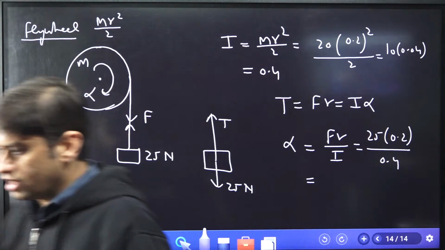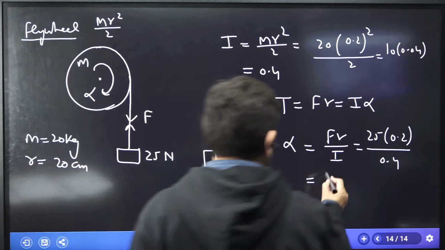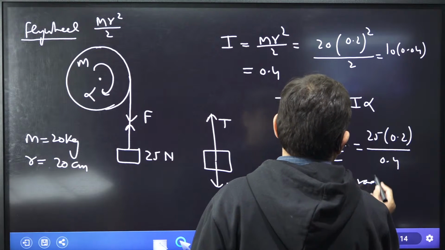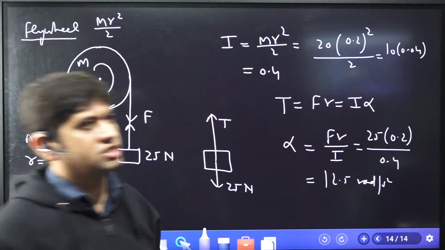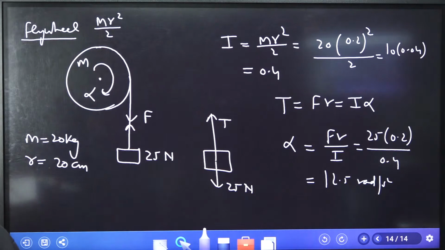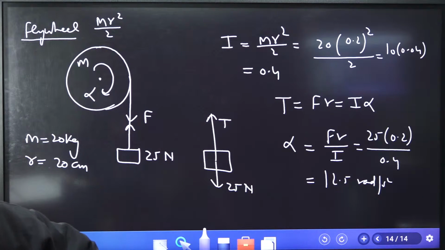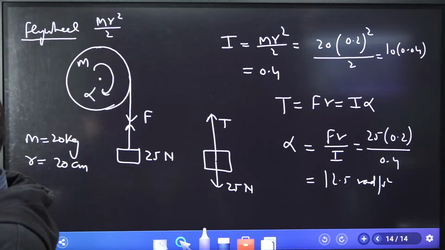So 12.5 radian per second square. That is basically the question which was asked from us. Done. So I think this was a question related to this.